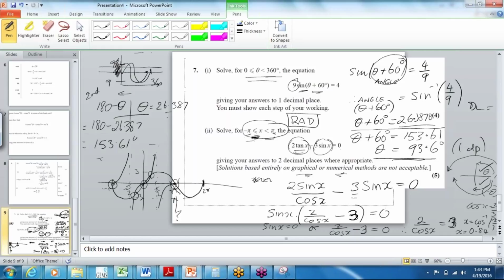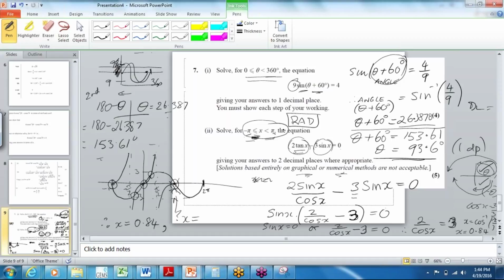All right, can you tell me what our answers are, our three solutions? X could equal 0.84. X equals the first quadrant, 0.84. Then 2 pi minus 0.84. You've gone up higher than pi, haven't you?